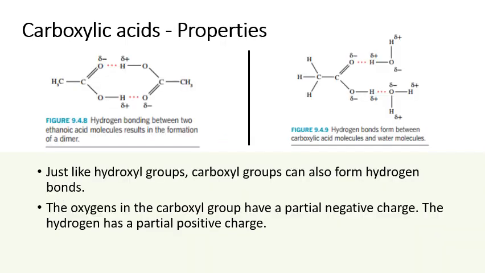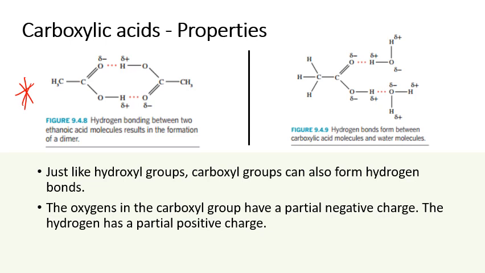So let's talk properties. So just like hydroxyl groups, that OH portion of the molecule, as well now as the carbon double bonded oxygen part of the molecule, can form hydrogen bonds. And look at the picture on the left, you can see that two carboxyl groups have come together in an interlocking hydrogen bonding formation, and we'll talk a bit about that in a second.